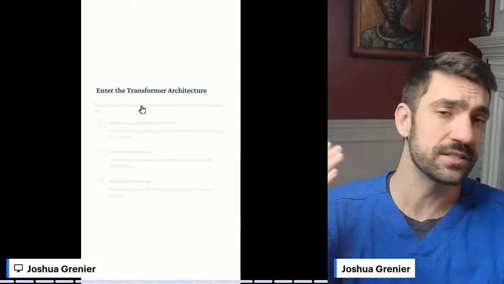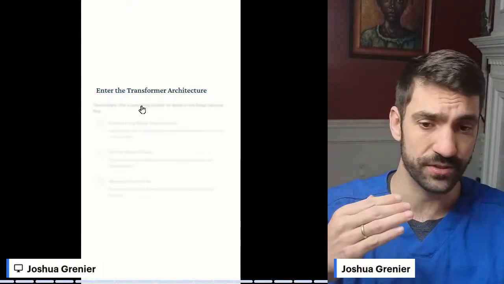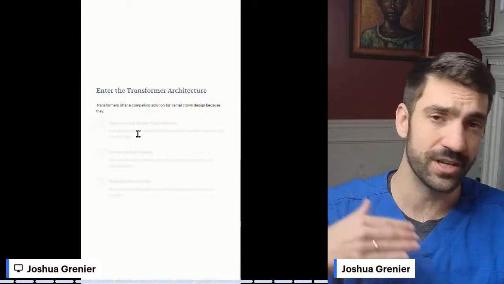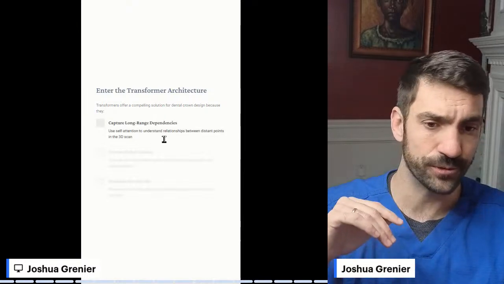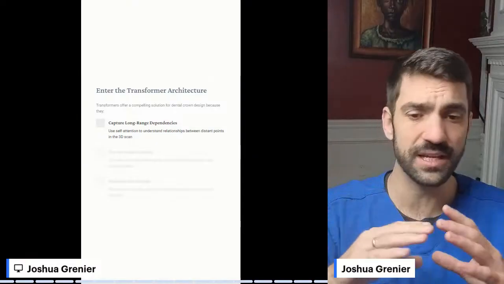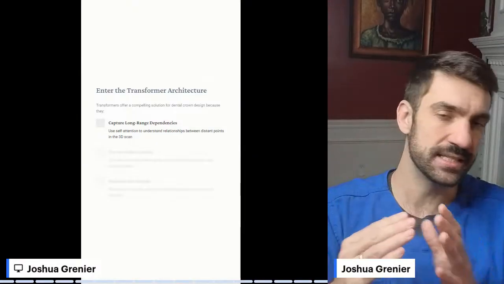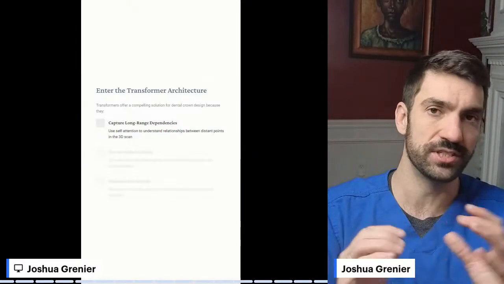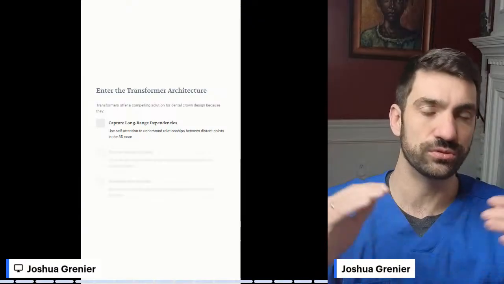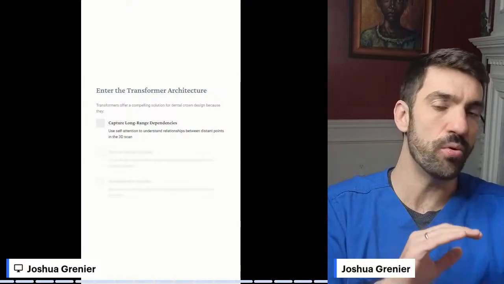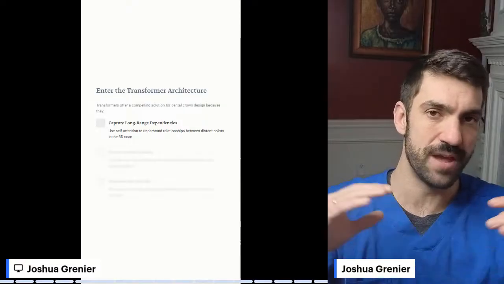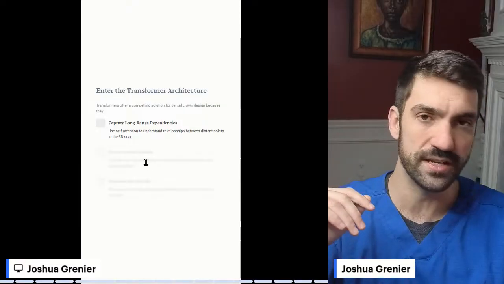So the idea is these transformer architectures. These are extremely advanced. ChatGPT, that's what the T stands for. Computationally heavy, but the idea is that they have the potential to understand how different types of points relate to each other. They can have a very large context window.